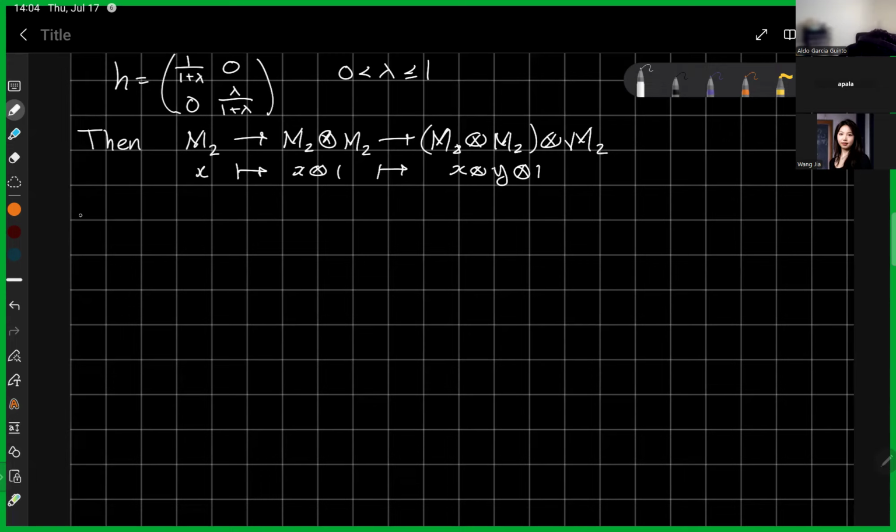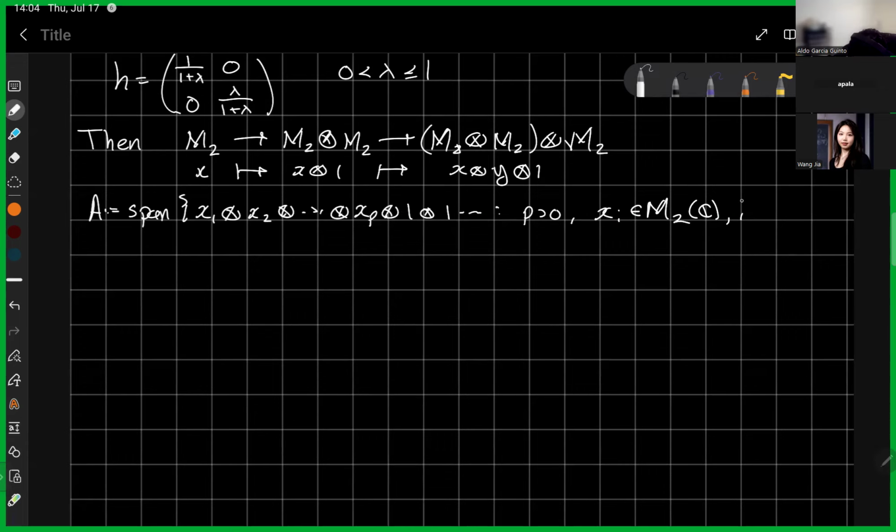And then you look at the algebra of elements x_1 tensor x_2, tensor up to x_p, and then you repeat 1 all throughout, where p is greater than 0, and x_i is in M_2.